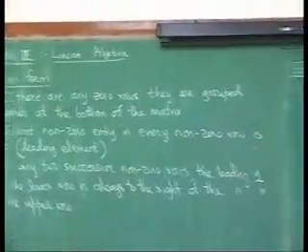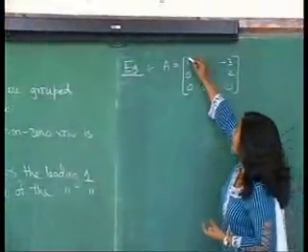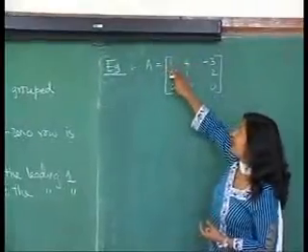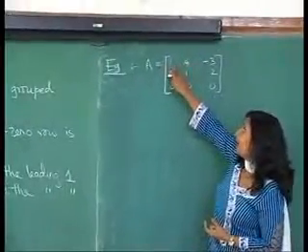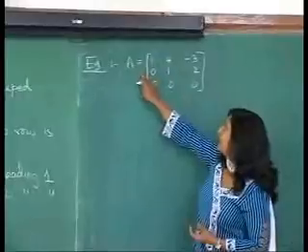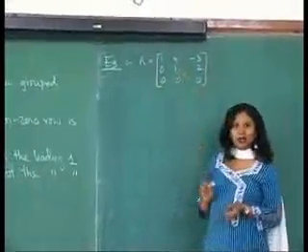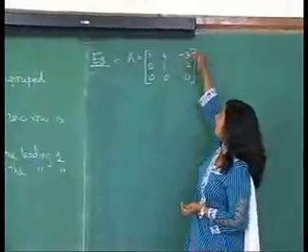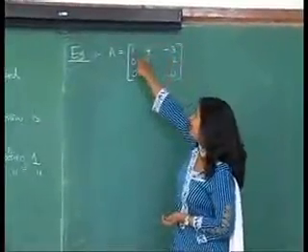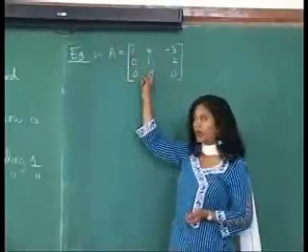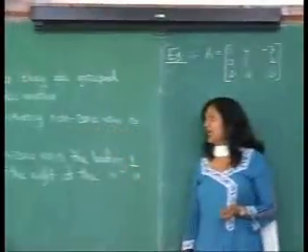Then look at the first non-zero entry in the first row. It is 1. This is the leading one for the first row. Similarly, the first non-zero entry in the second row is also 1. That's why the second condition is satisfied.